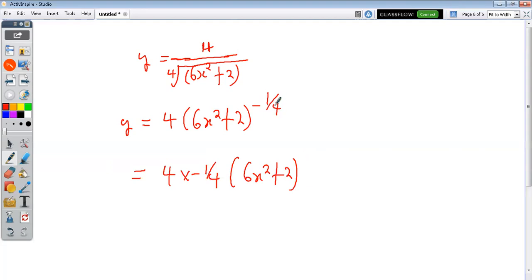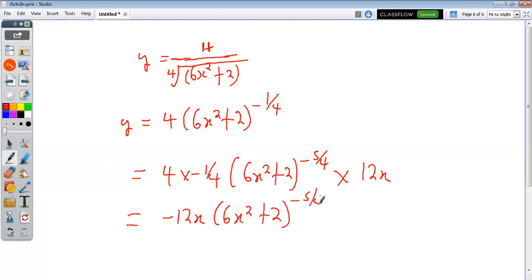If you subtract 1 from negative quarter, it becomes minus 5 over 4. But you can use the calculator. Then multiply by the differential of what's inside, which is 12x. Clear? So if I multiply 4 by minus a quarter, I get minus 1. Multiply by 12x, it becomes minus 12x, bracket 6x squared plus 2 to the power of minus 5 over 4.